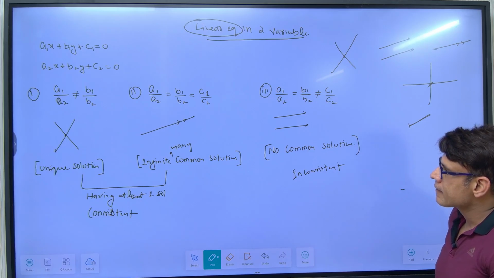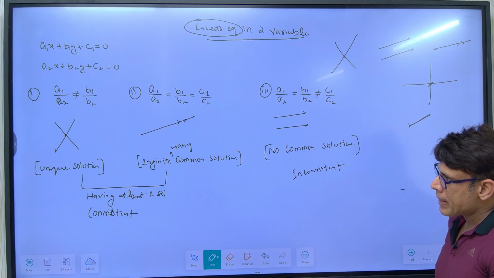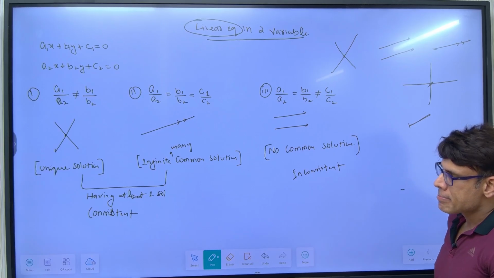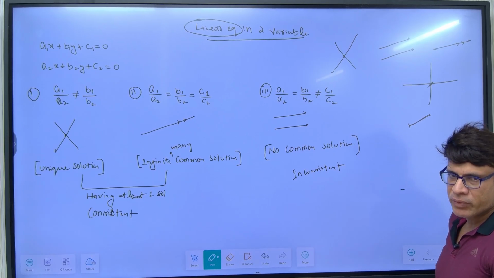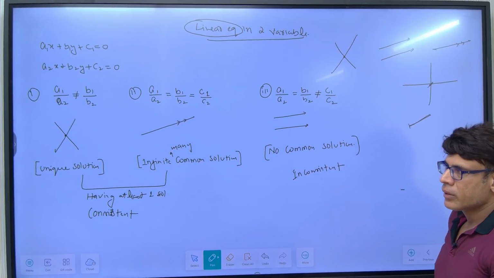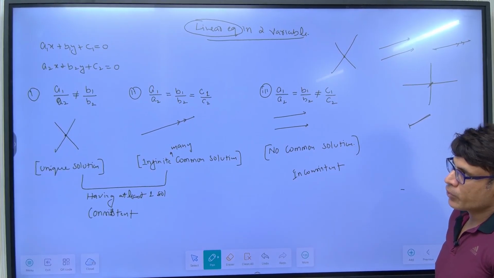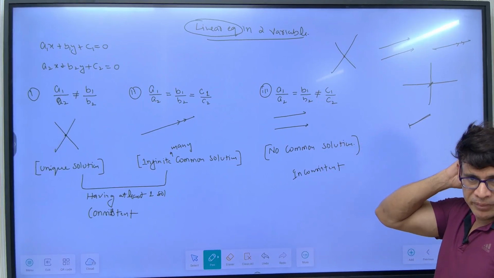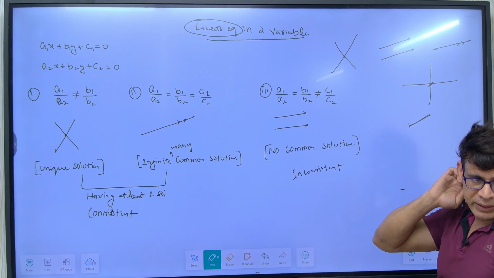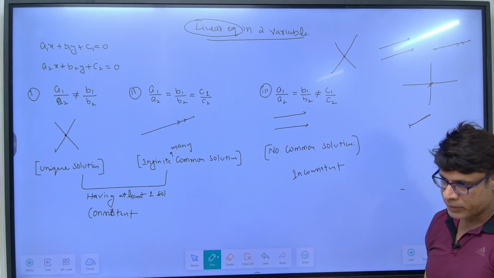Next is how to find the values of x and y. If two equations are given, how to find out the values of x and y? First thing first, you should always check that A1 by A2 should not be equal to B1 by B2. Then only you'll get the values of x and y.